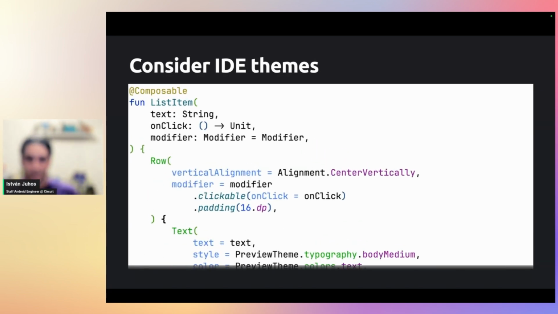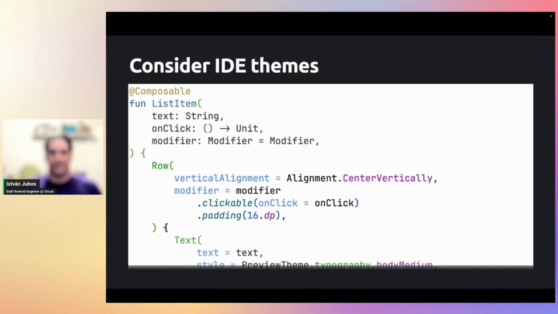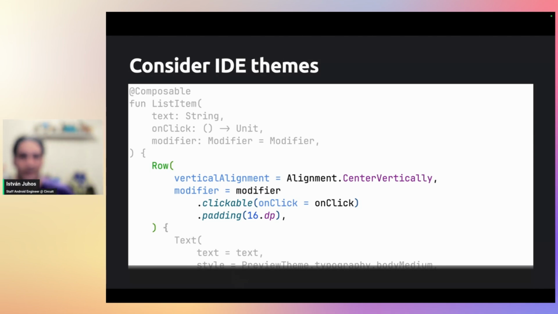Okay, so while writing this simple list item composable, the developer who wrote it thought about overdraw on our layouts. As this is a list item, list items are usually used in the context of some other layout, probably a column or a lazy column, that already provides the background colors or the backgrounds at all for their content.